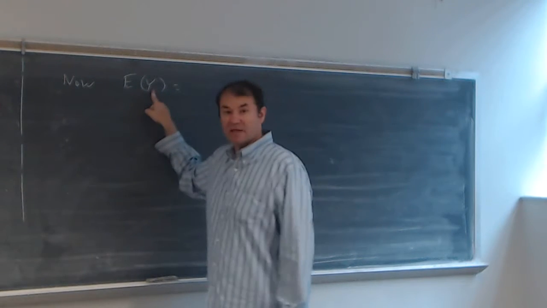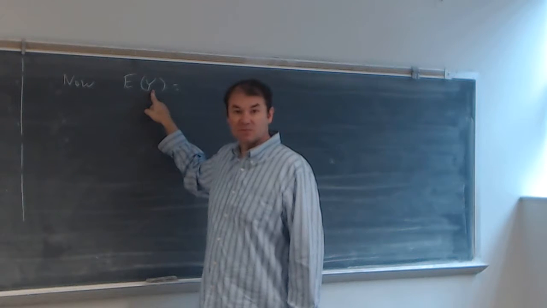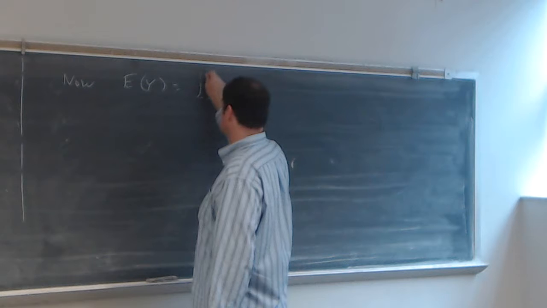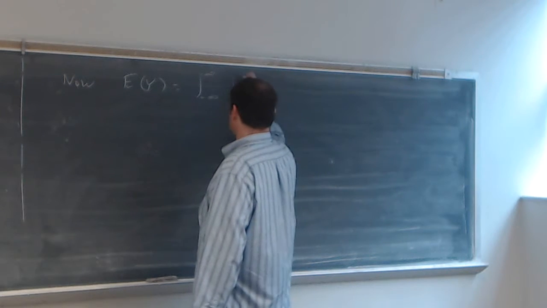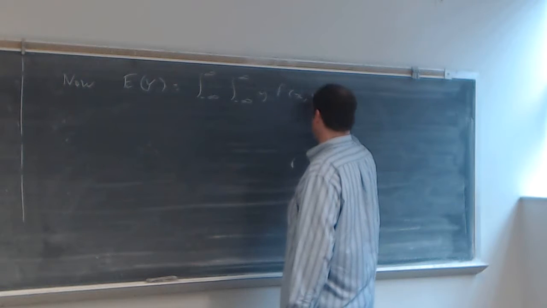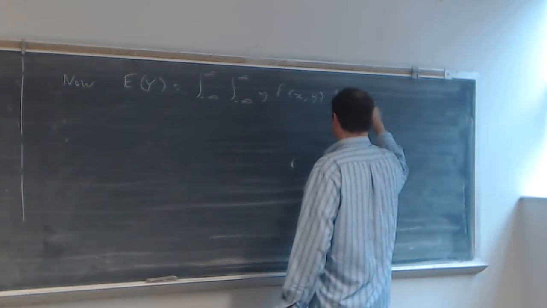Well, again, we can think of this as a function of x and y, where we'll just get out y. So I write down a double integral of y, f of x comma y, dx dy.